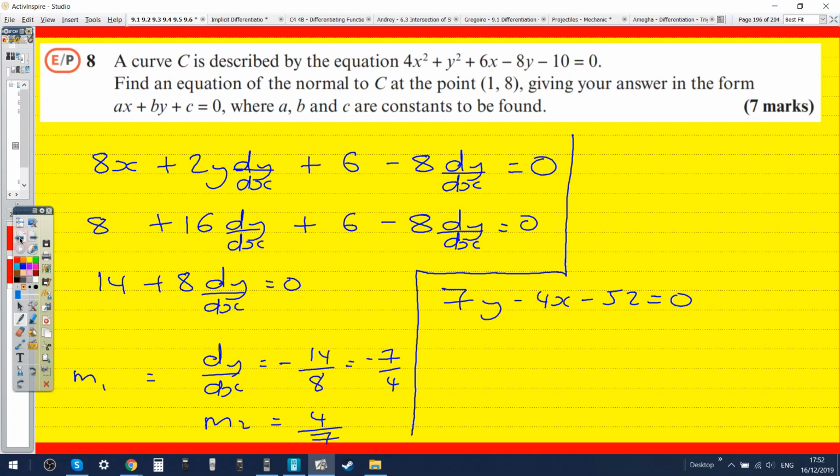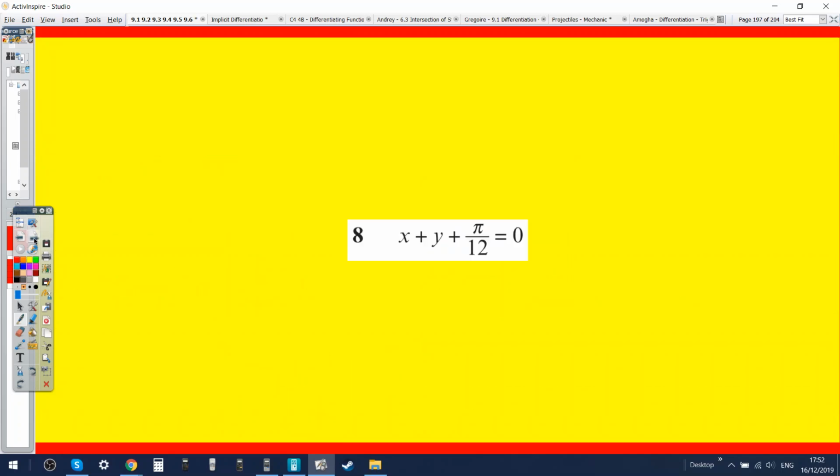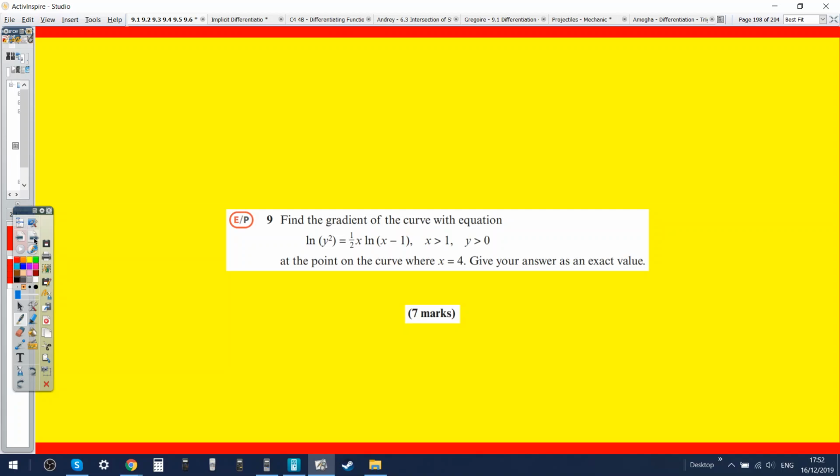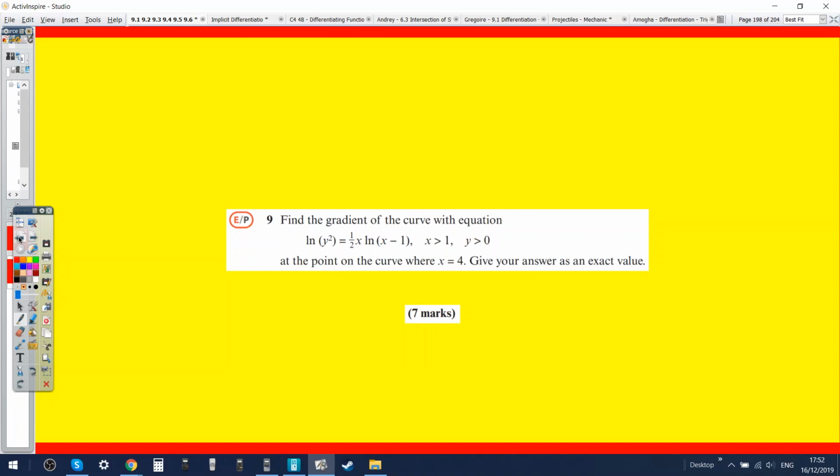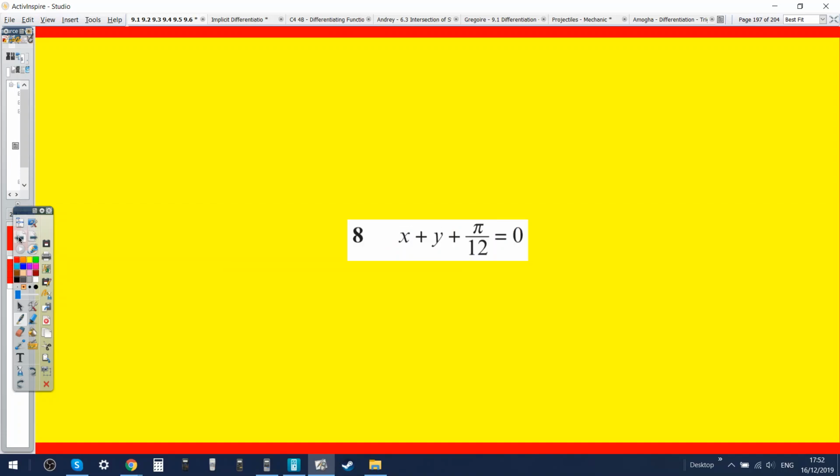What's this malarkey? Question 8. I might have put the wrong answer there. A curve with this thing. It doesn't have anything to do with trig, so it's probably the wrong one. Did I? That's 9. That's 9 ln y squared.